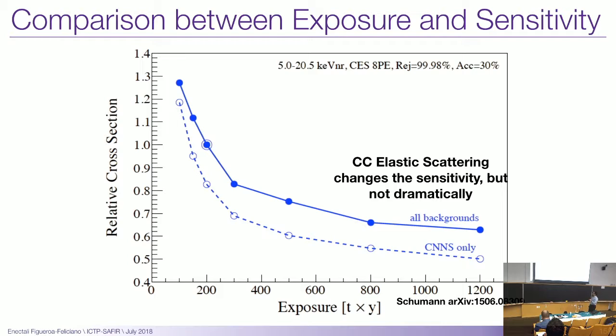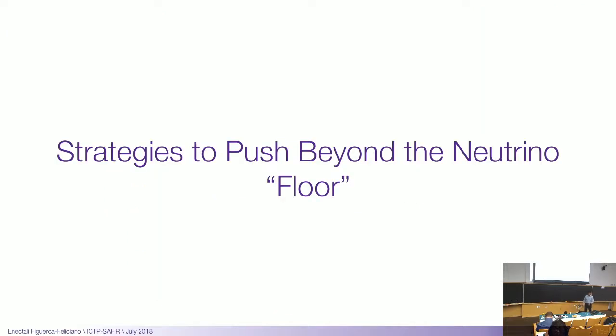The answer is that it does affect you, but not by orders of magnitude. As long as you can reject electrons, because these technologies have that ability, and the spectra have different shapes, you still have the ability to distinguish a dark matter signal from these backgrounds, and it does affect your sensitivity, but not by that much.